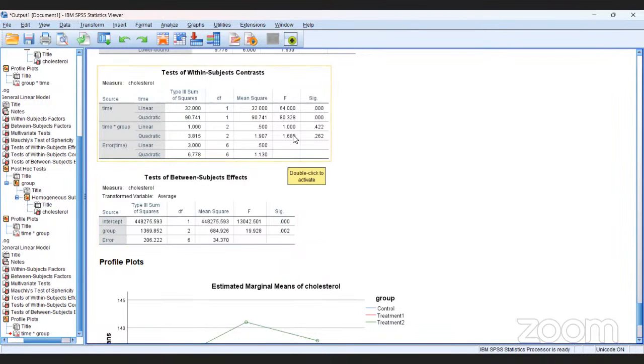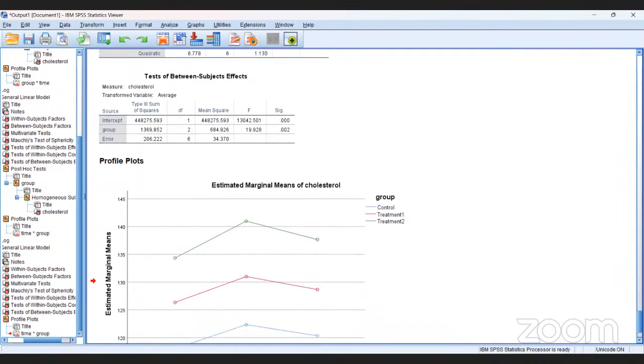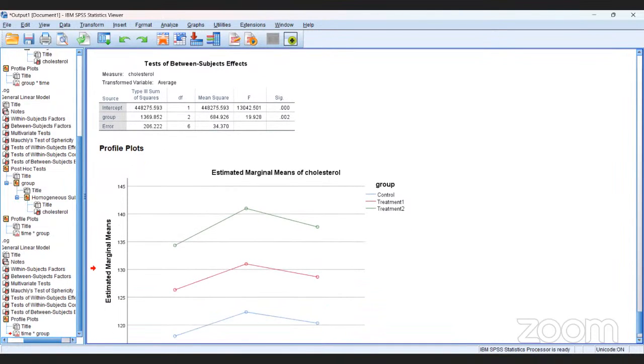So this is also significant. That is the time. And now you can get the plot. Okay. So here you can find out three groups are there: one is control, treatment 1, treatment 2.